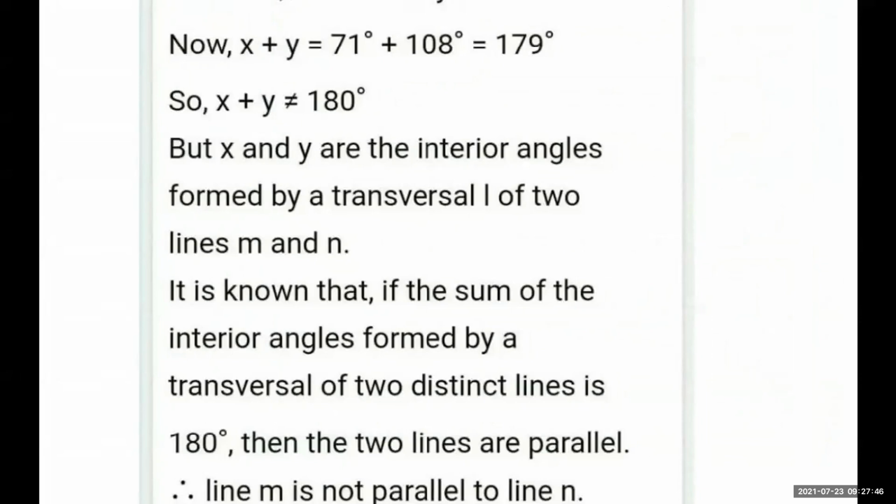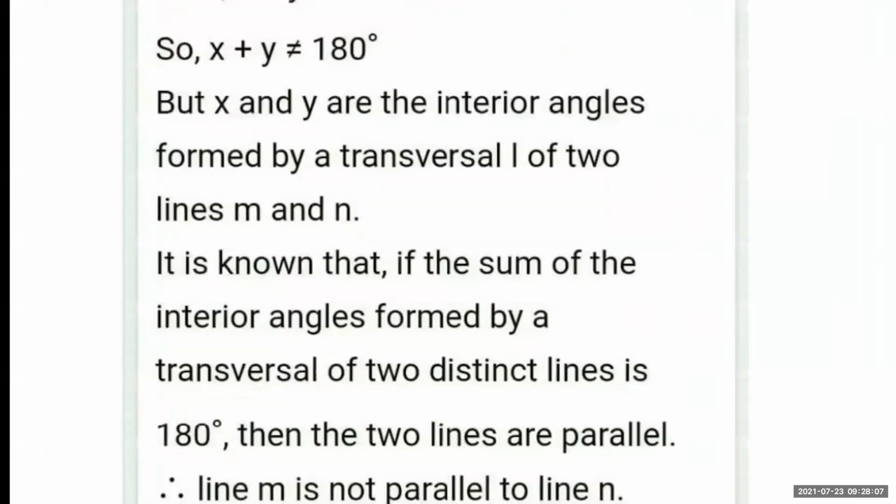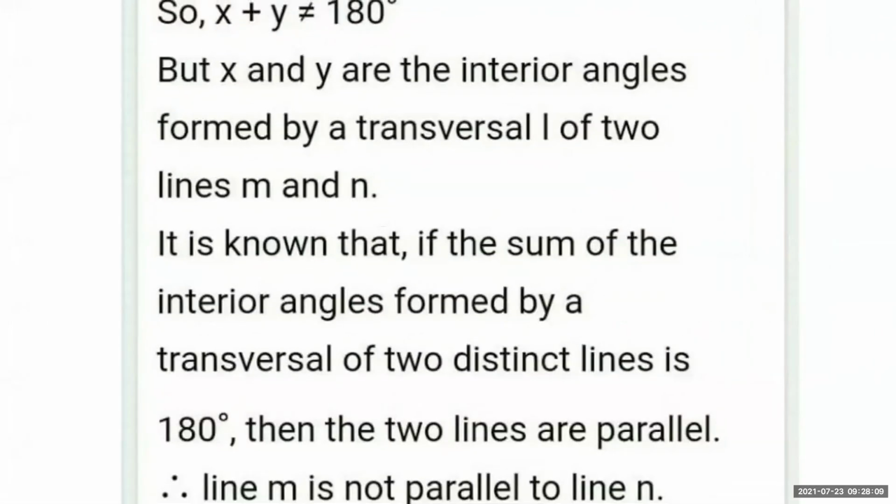See the last line, simply you can say that if the interior angles formed because of two lines and their transversal are not supplementary, means not 180 degree, then the lines are not parallel. Here you can see the last line. Line M is not parallel to line N.